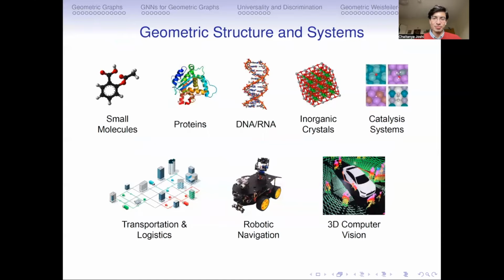This talk is about building neural networks for systems in science and engineering. Such systems are often modeled with geometry as well as structure.